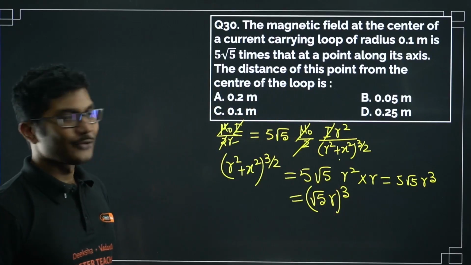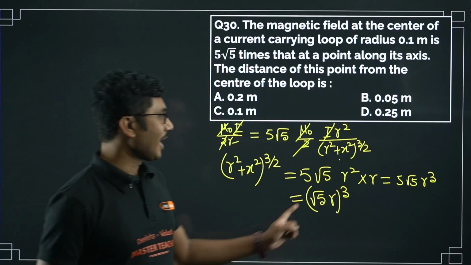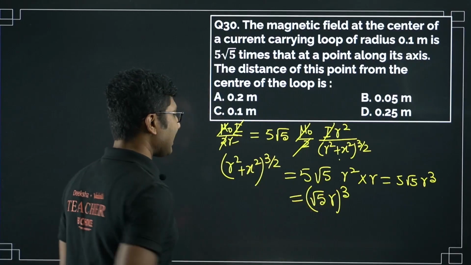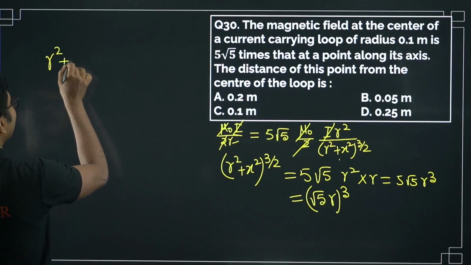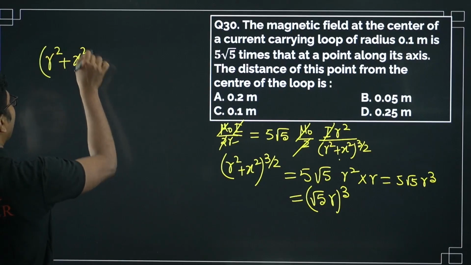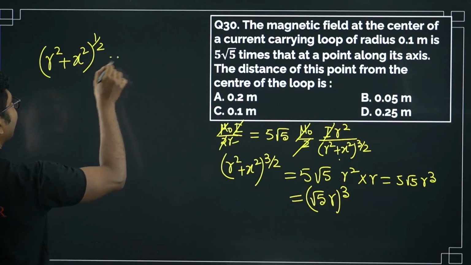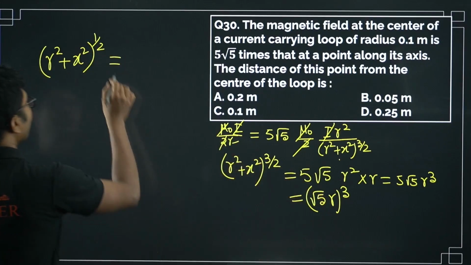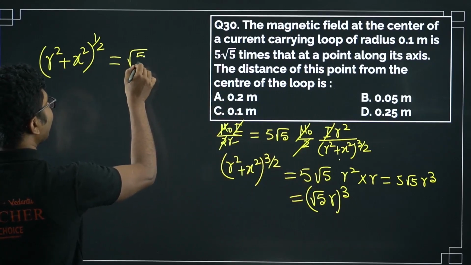Interesting. 5 root 5 means root 5 cube, right? Now we can take the cube root on both sides, so r square plus x square to the power half equals, the cube part will be gone, we will be getting root 5 r.